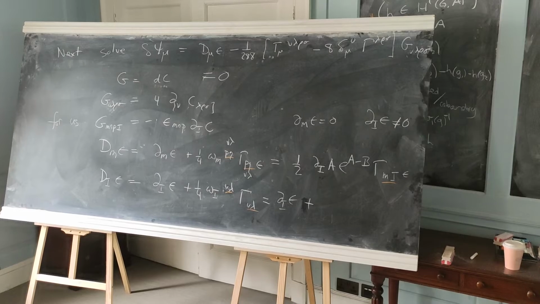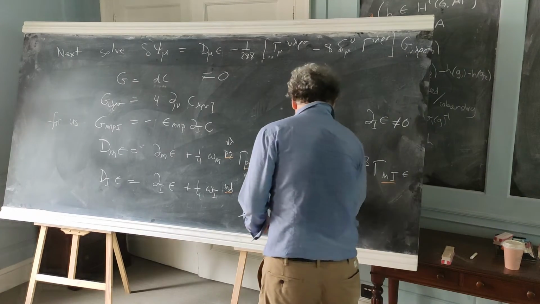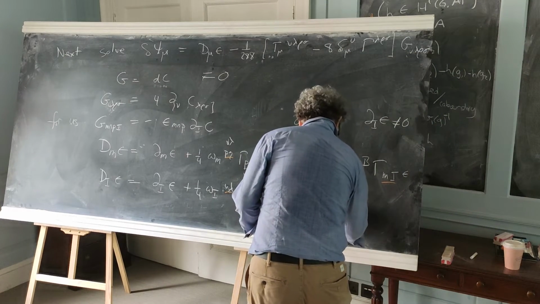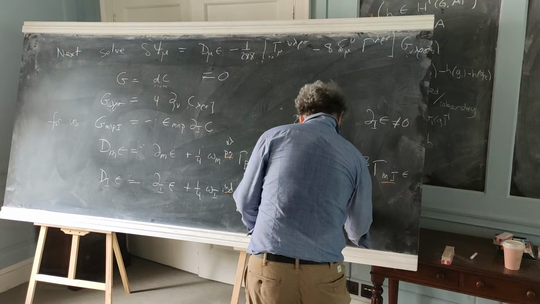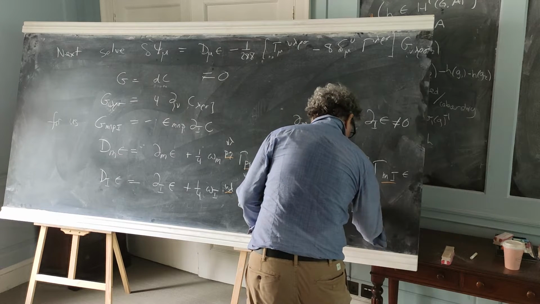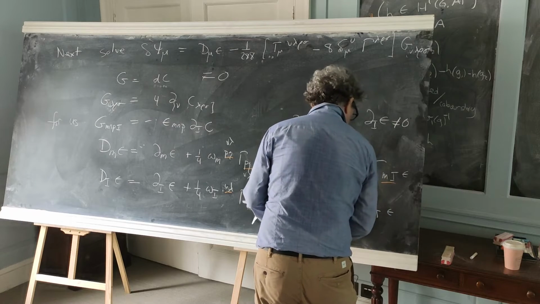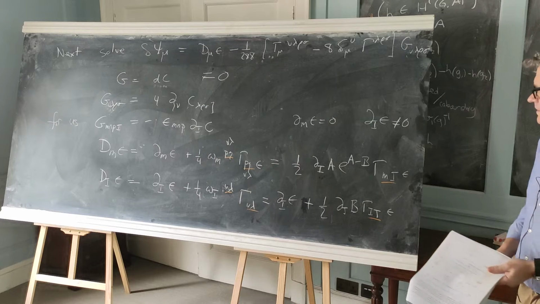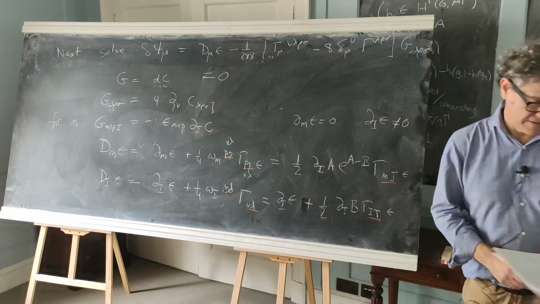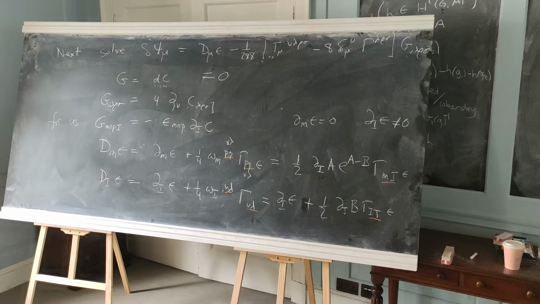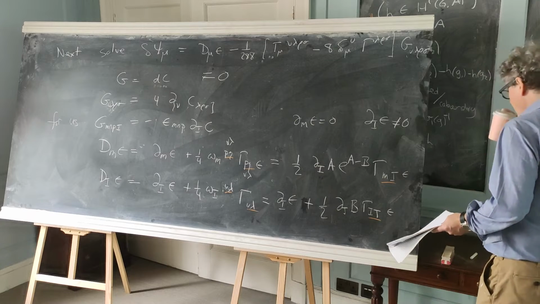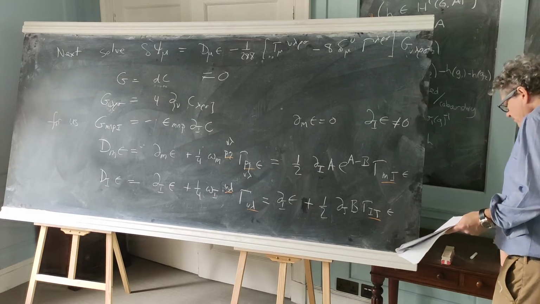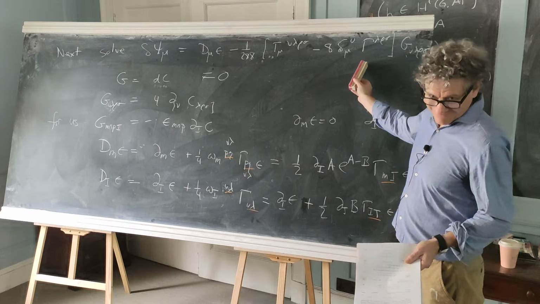And I'm just going to put in what you get, d_j b gamma ij epsilon. Right. That's okay. I think I can rub this off now. Now we have to struggle with this term.